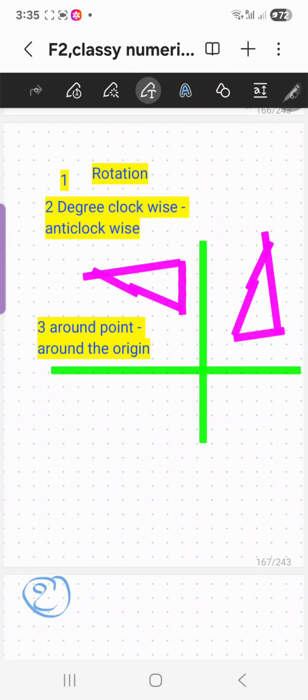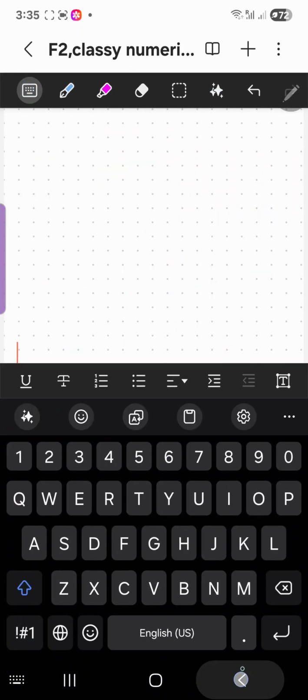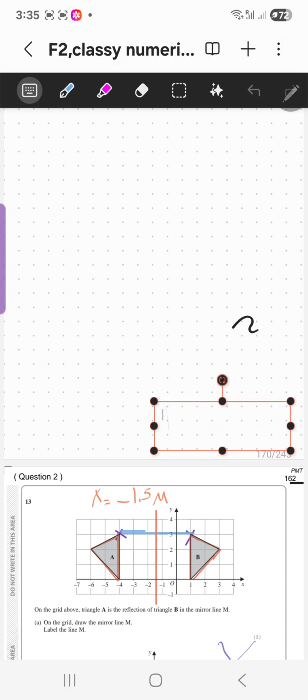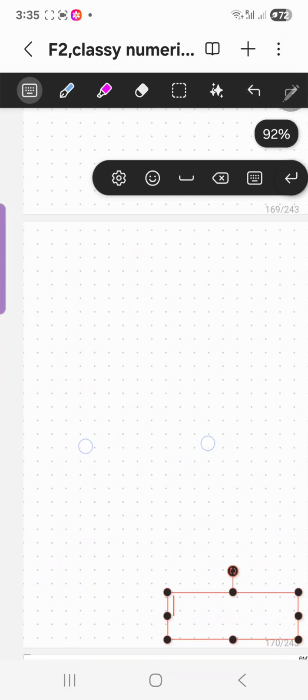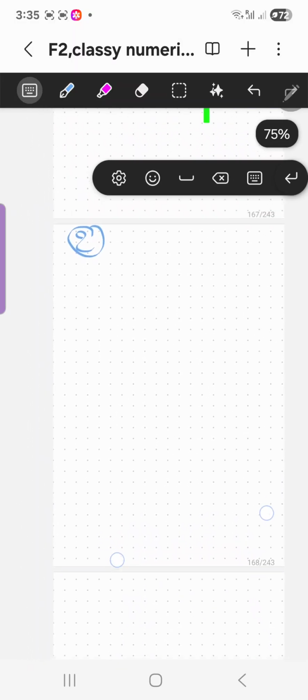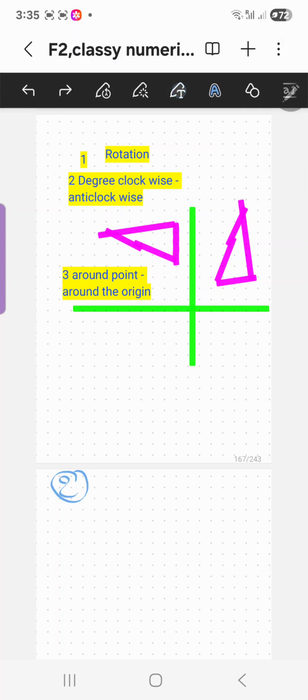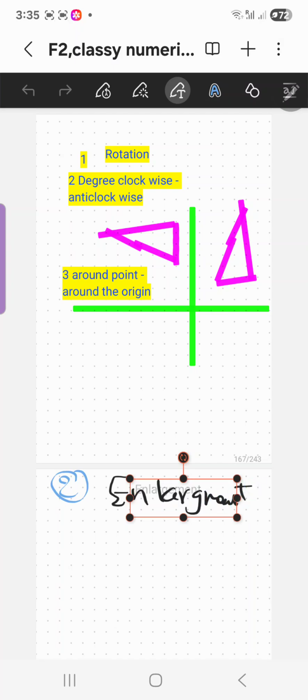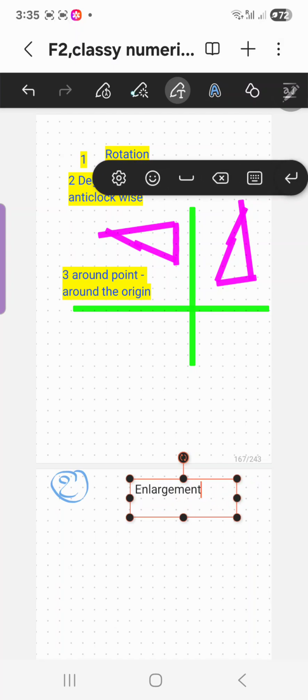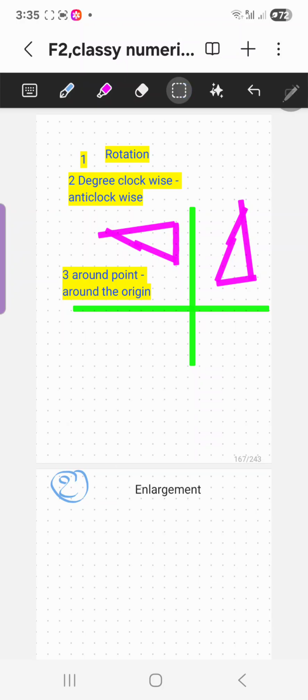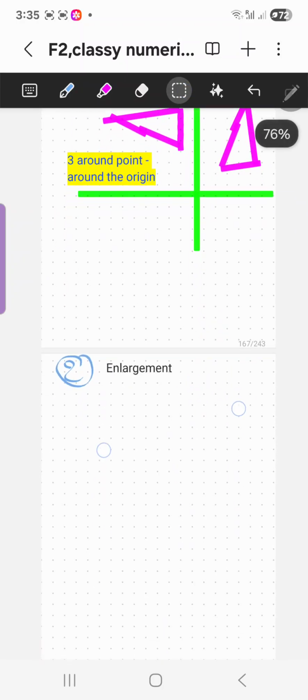The enlargement is the easiest one to spot, because the shape changes. It is the only one. You know rotation from the flipping, the shape is flipped. But in enlargement, the shape has been changed, its size has been changed.